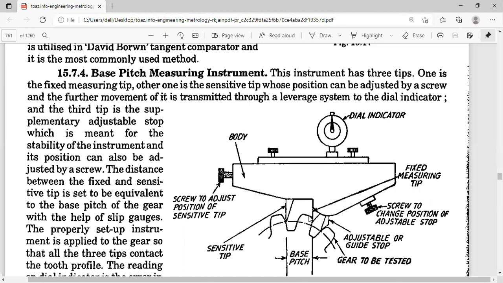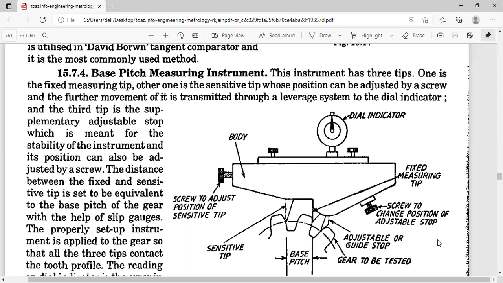The second one is the fixed measuring tip. The third one is an adjustable guide stop. Its screw is also there at the right side. This screw is used to change the position of the adjustable stop. Anybody can raise a doubt: why do you have to change the position of the adjustable stop?